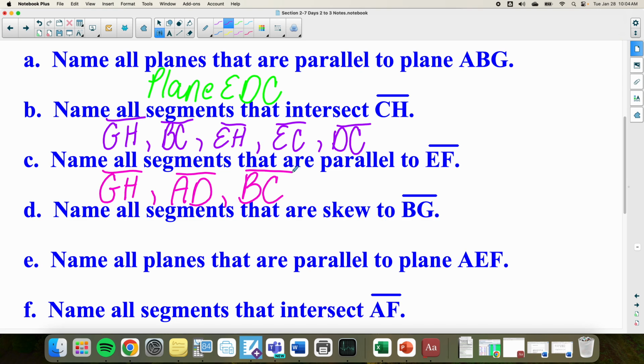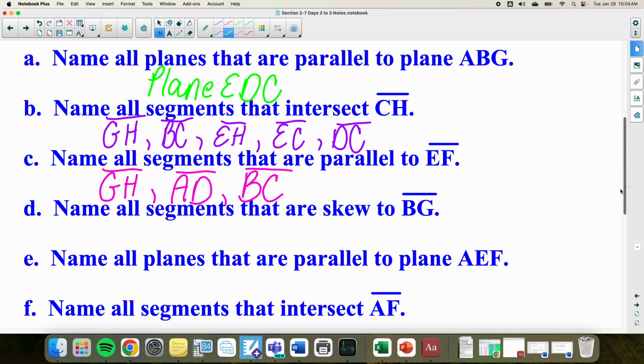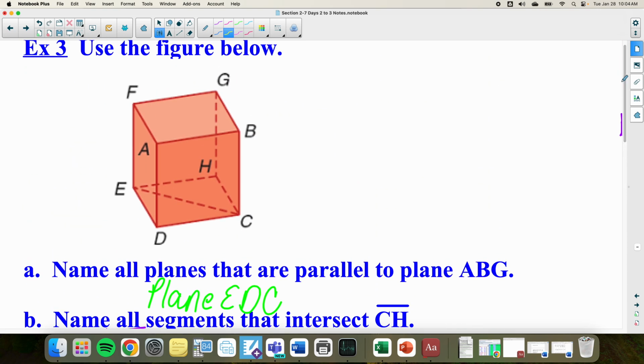Okay. Then our next one is asking us to, let's see here, name all segments skew to BG. Okay. So I'm gonna just review because skew is new for us.